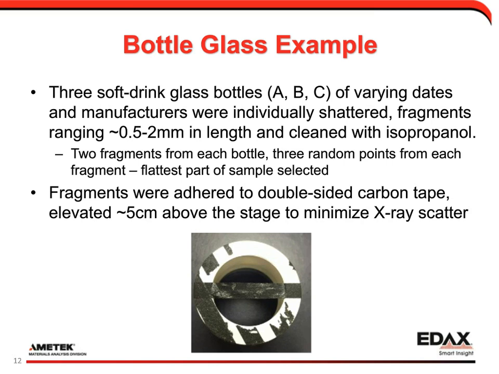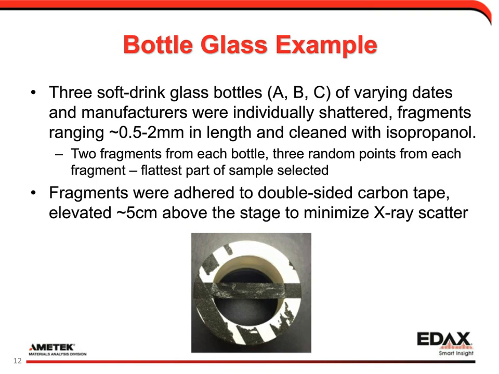So from each of the 3 glass bottles, 2 small fragments were selected, and 3 points were analyzed on each fragment. And of course, the flattest, smoothest portion of the sample was selected. Of course, it was not perfectly flat, but you could choose the best part that's exposed.